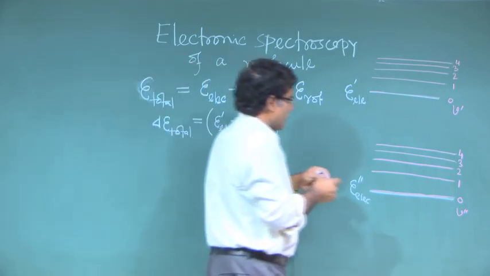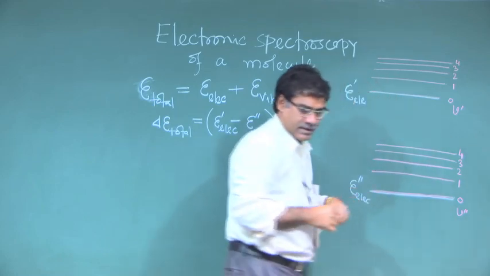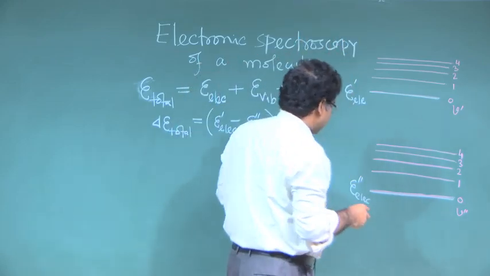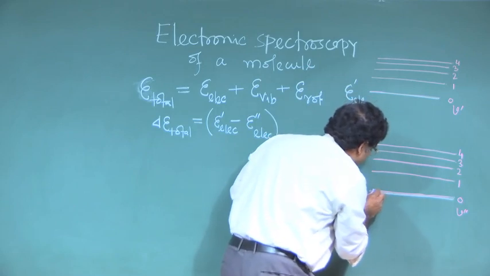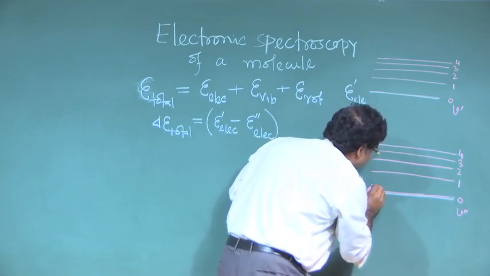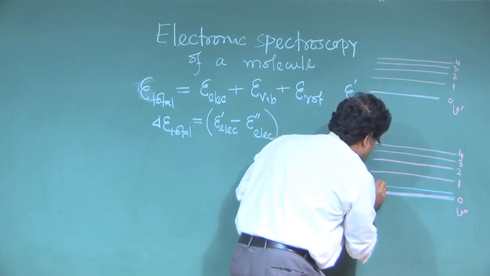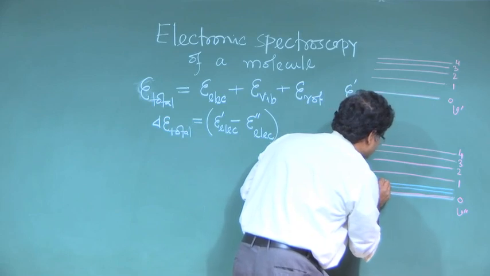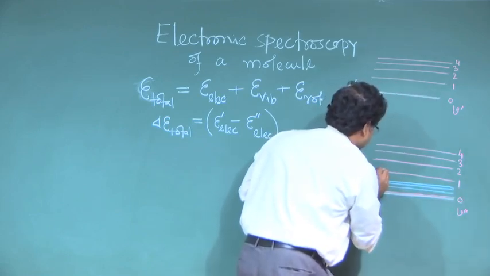Then each vibrational energy level is again associated with rotational energy levels. Their energies are small, so their spacing decreases.